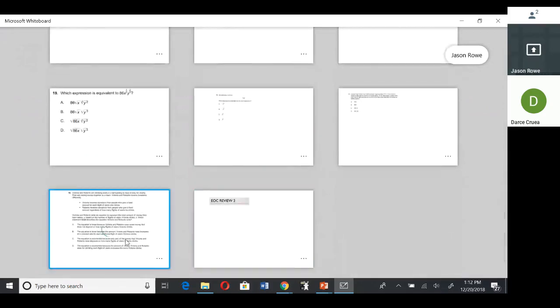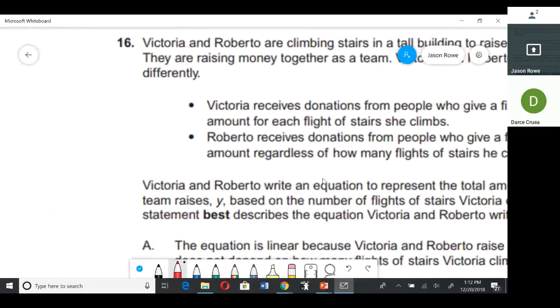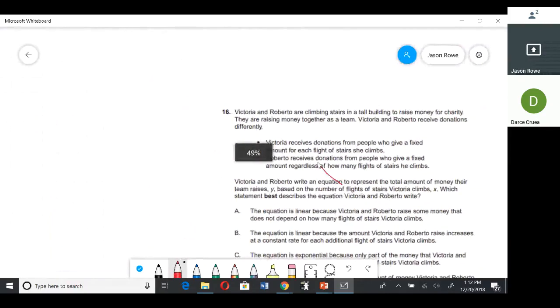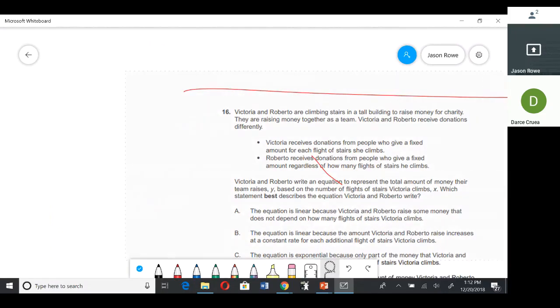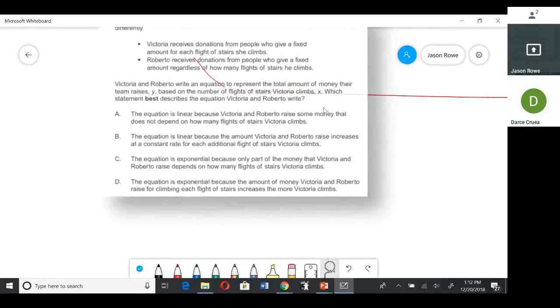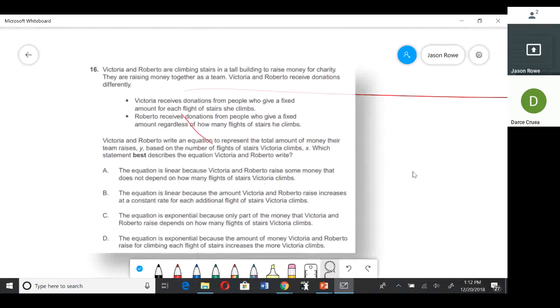All right, this one looks like it's got a lot of words. Now we're cooking with gas.